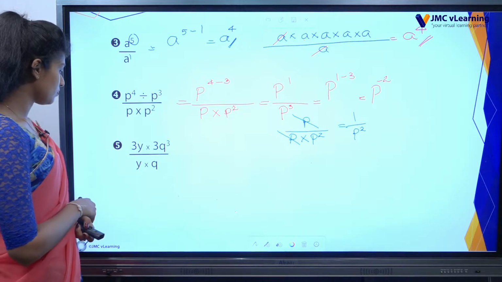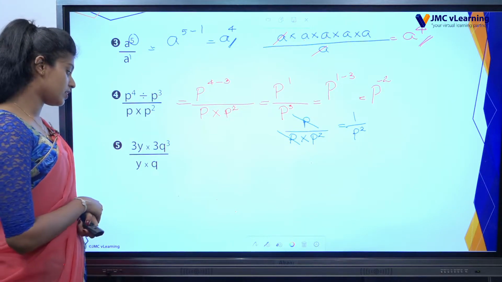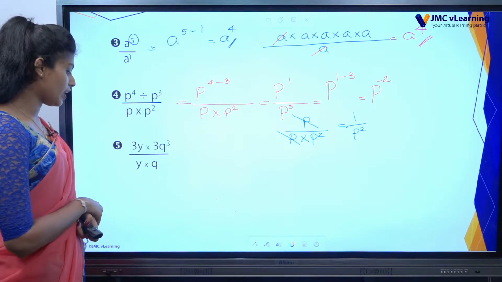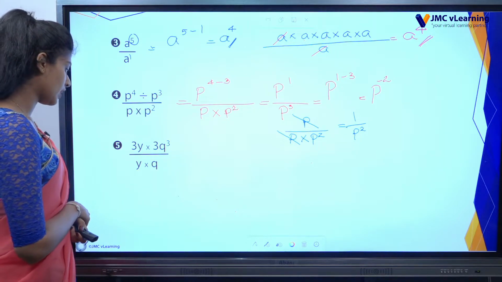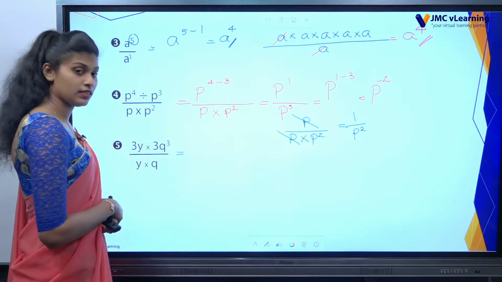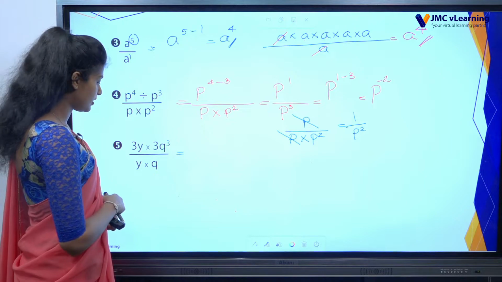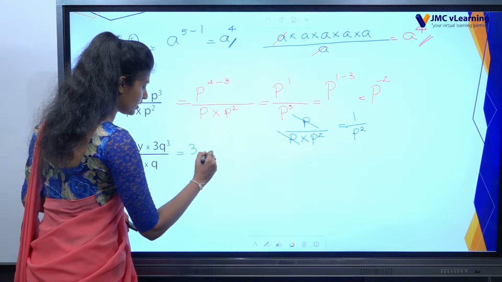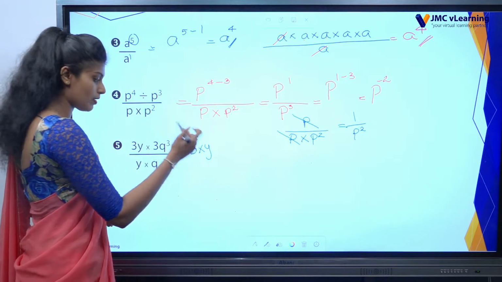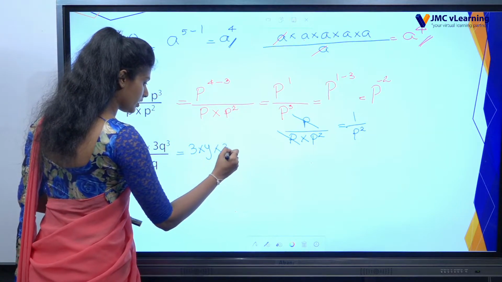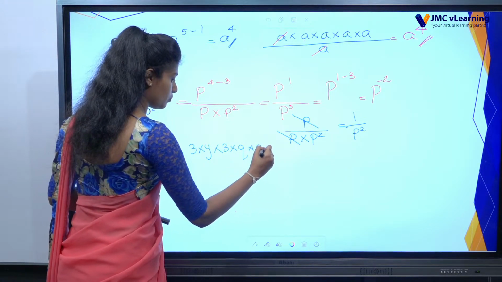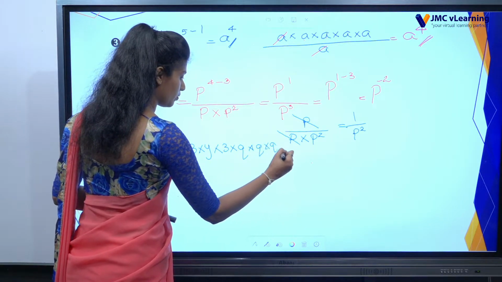Then 3y into 3q to the power 3, divided by y into q. Then I am expanding all these terms. 3y means 3 into y. Then 3q to the power 3 means 3 into how many q's? 3 into q into q into q.